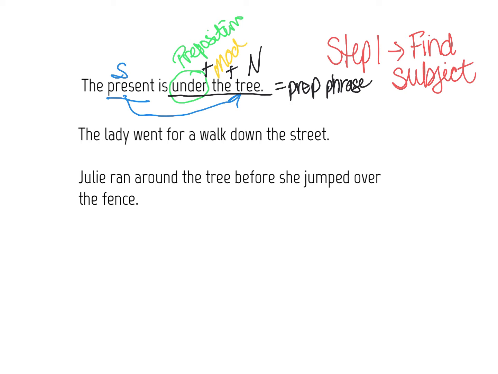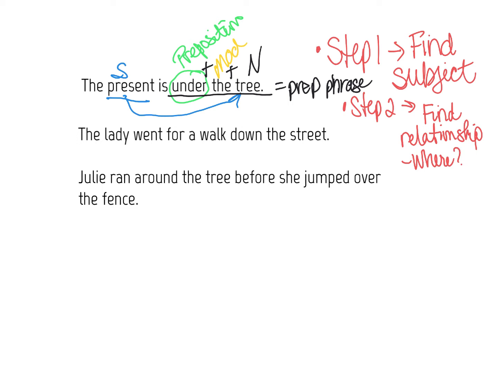So step 1 is to find the subject. Just come back over here. Step 2 is to find the relationship. And we usually ask that where question in order to do that. Then step 3 would be to underline it.